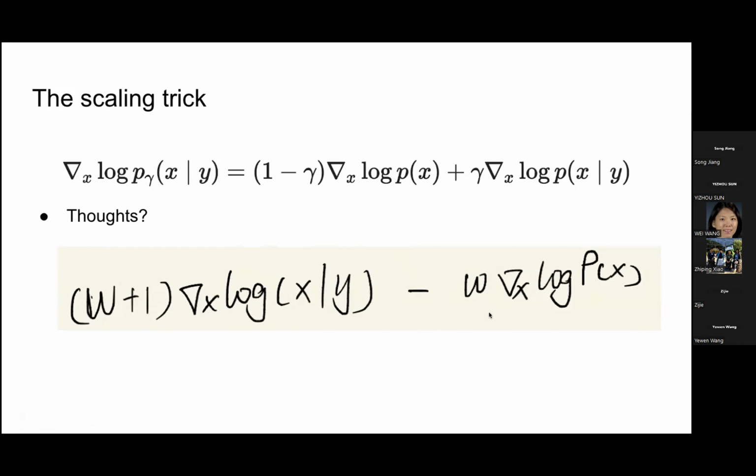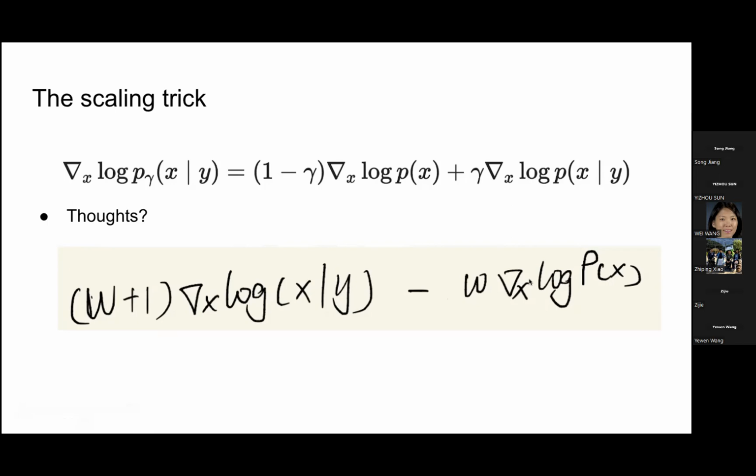Again, this is still my thought. What does this really mean? For me, it looks like we are trying to know the difference, because w plus 1 and w are both positive. So it means we want to know the difference between the conditional generation and the marginal probability.